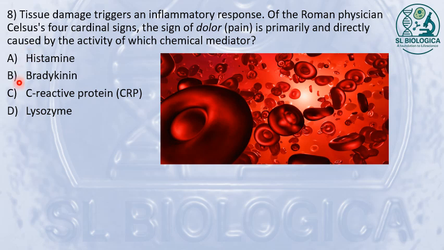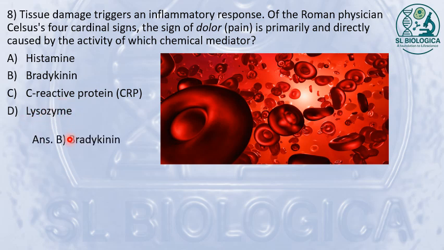Okay, so out of these chemical mediators, which is actually responsible for the pain sensation during inflammatory response? So that is the simplest representation of this question. So options are histamine, bradykinin, C-reactive protein and lysozyme.